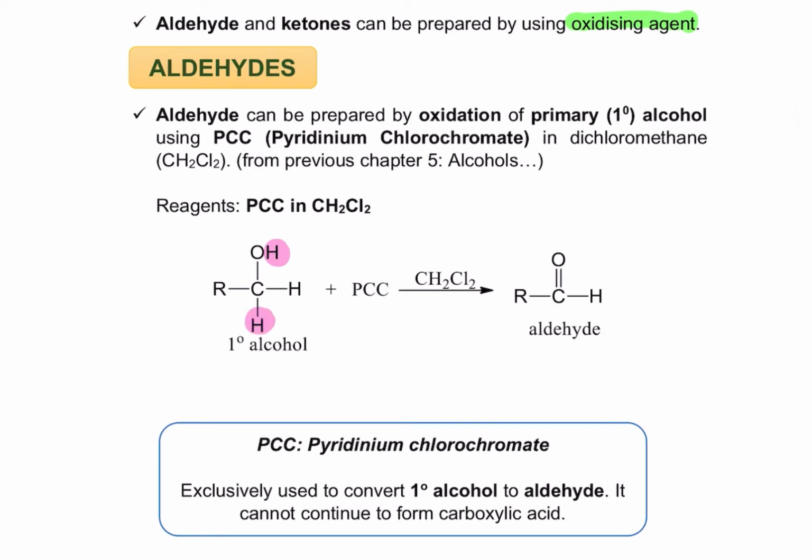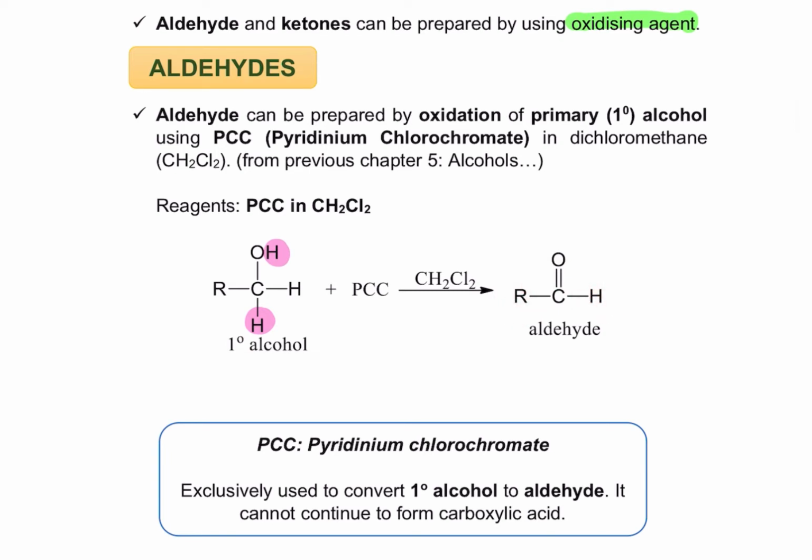When it reacts with PCC, it will straightaway produce aldehyde by reducing these two hydrogen atoms. So you are going to get the final product, which is aldehyde, where this carbon atom has a double bond to O, and the alkyl group with hydrogen stays as it is.